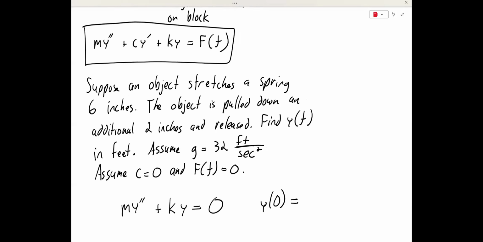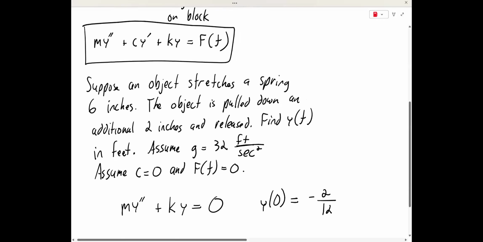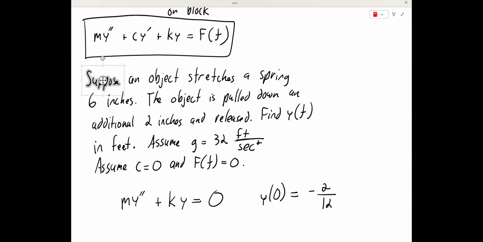Now actually, we want to find the displacement in feet here. So the initial condition here would be like this. At time 0, the displacement is 2 inches down from the equilibrium position. But this is going to be in feet for the displacement.